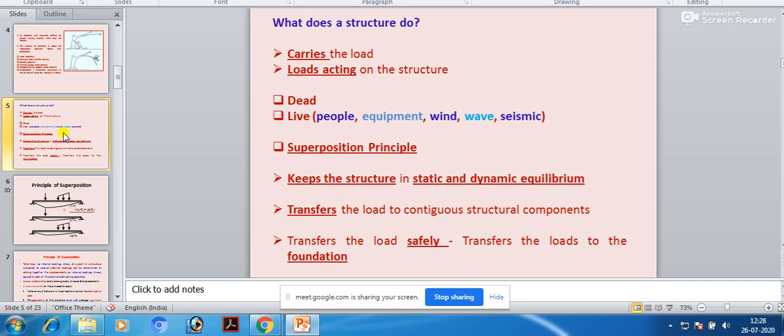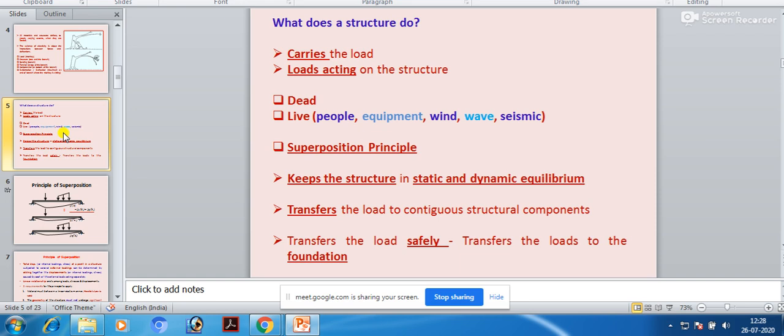However, as civil engineers, it is of great concern for us that we must consider these loads while analyzing as well as designing a structure. If you do not consider these kinds of loads, you may end up with a catastrophic design.